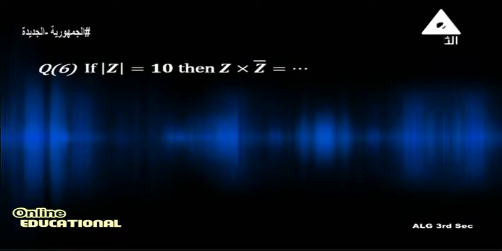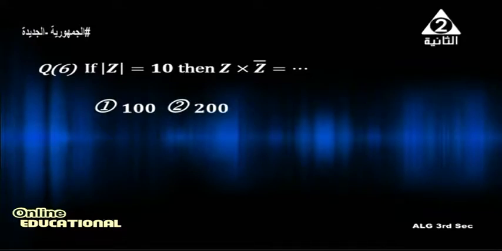Look at another example. If |z| = 10, then what is the product of z times z bar, or conjugate? You know that, my dear student, if we multiply z by its conjugate, choose the correct answer: 100, 200, 10, or 20.